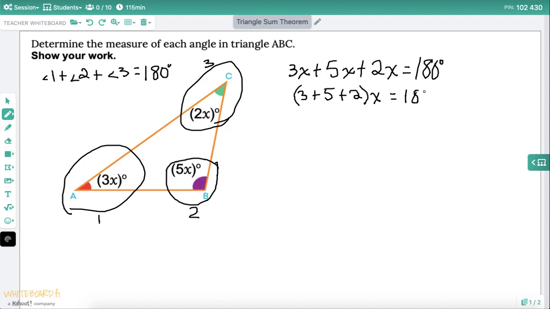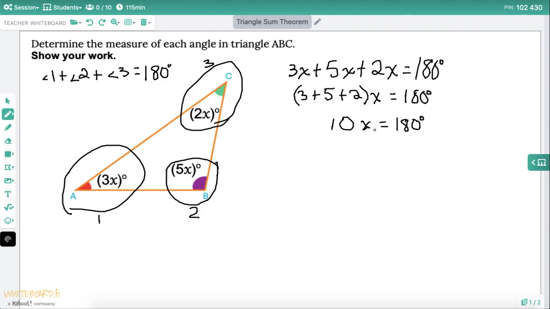Nothing happened to the 180. That continues to be 180. So 3 plus 5 plus 2 ends up being 10. So 10 times some number is supposed to be equal to 180. I know some of you already got what that number is, but for the sake of argument, I'm going to go ahead and go through the parts that have to be done.